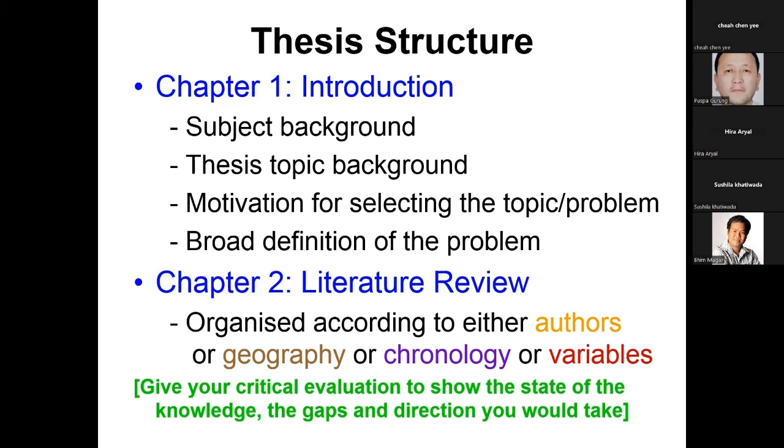So here, under the literature review section or chapter, we have to organize it according to either authors, or geography, or chronology, or the variables. Give your critical evaluation to show the state of the knowledge, the gaps, and the directions you would take.